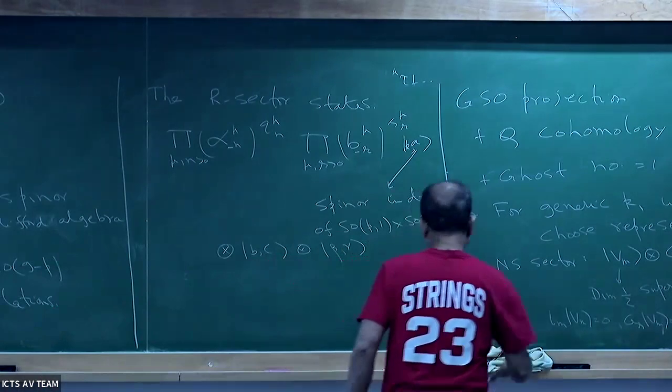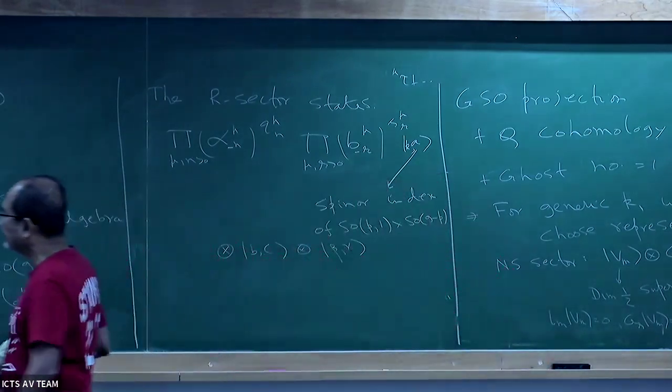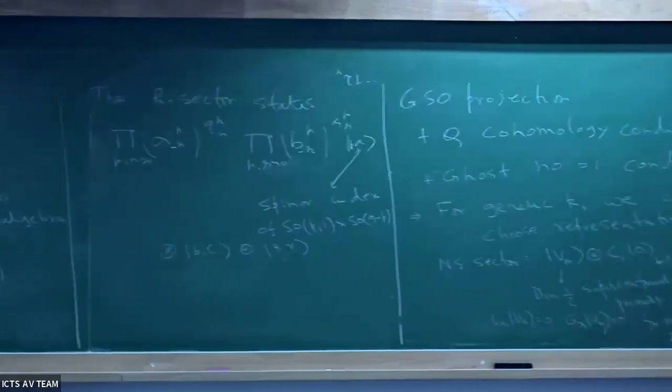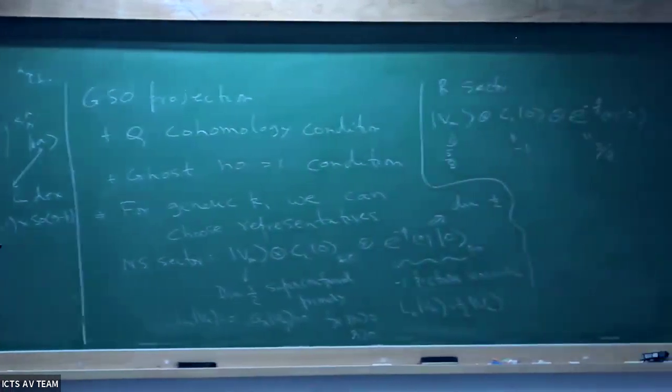Okay, let me just say something about the massless NS sector states. Just a few minutes and then I'll stop. One point we discussed is that at zero momentum, the state was something different.